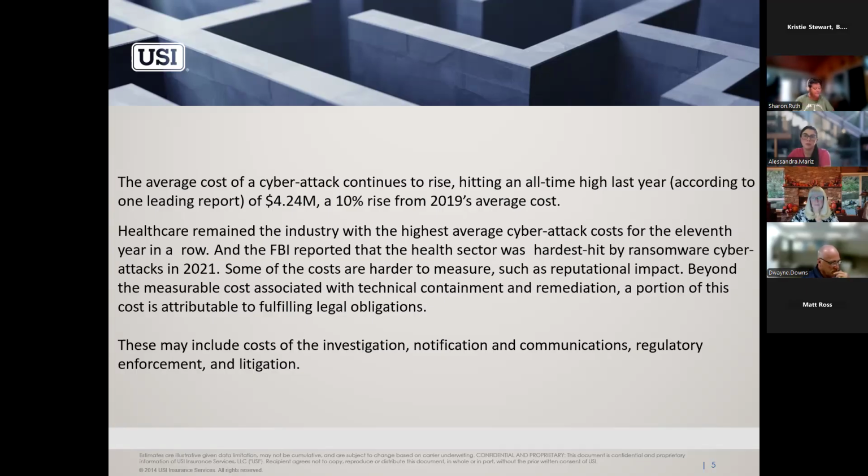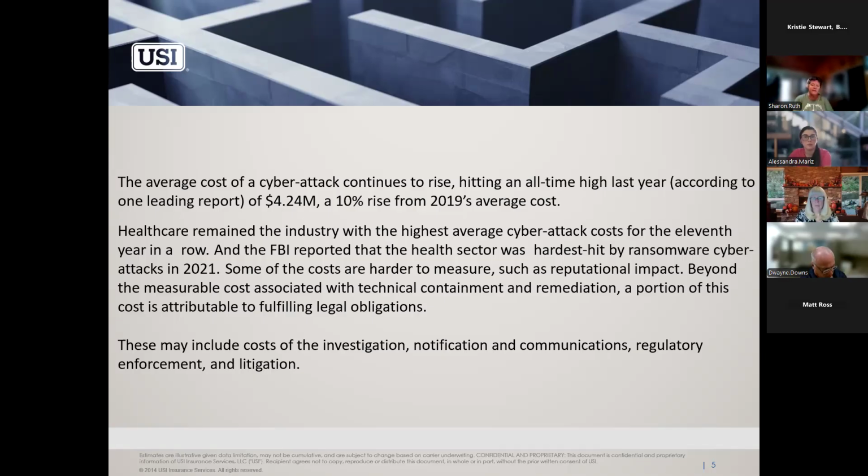The average cost back in 2019 was about $4.2 million to a practice to recover or start moving through the cost of a breach. We have the highest average cyber attack costs. This is about the 11th or 12th year in a row.